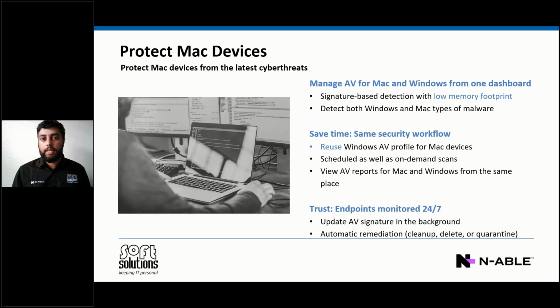The technician wasn't even able to open that zip file, which was really good, and it worked very quickly. So yeah, you get quite a bit of benefit from protecting a Mac device with the managed antivirus.